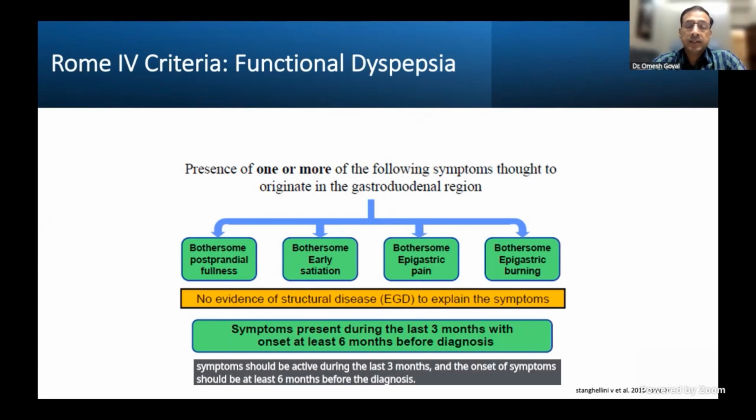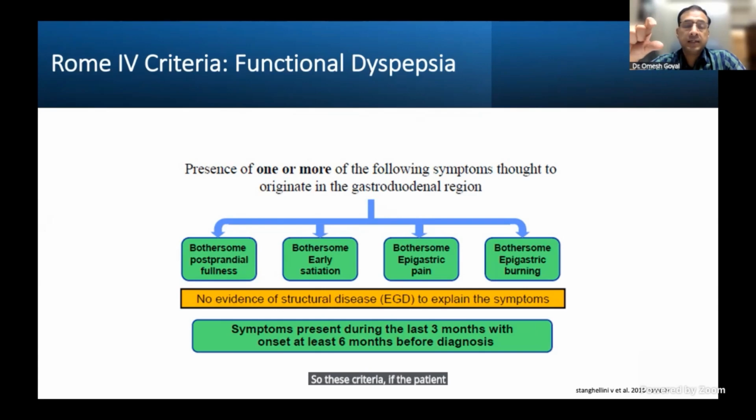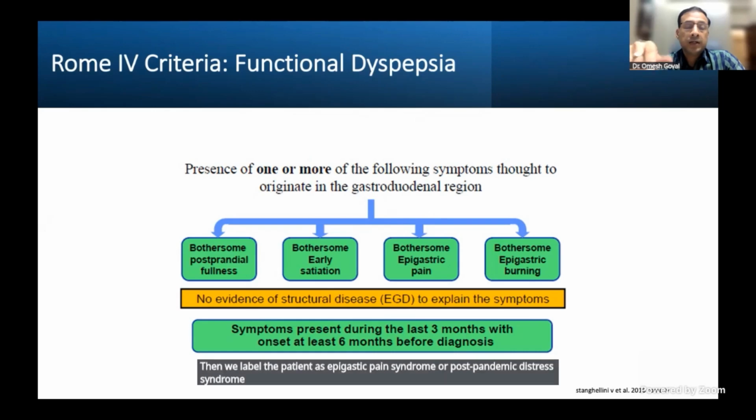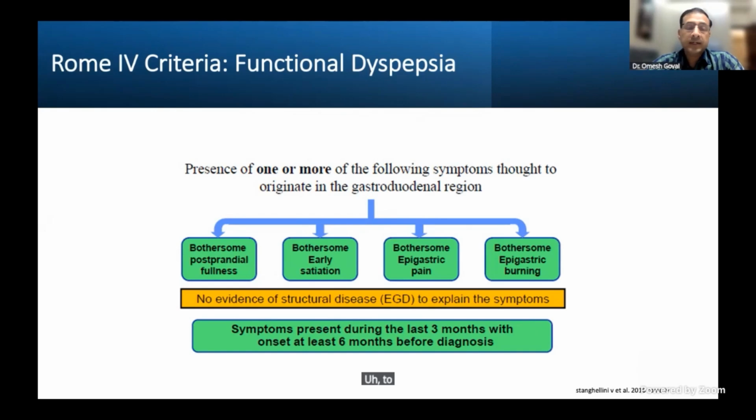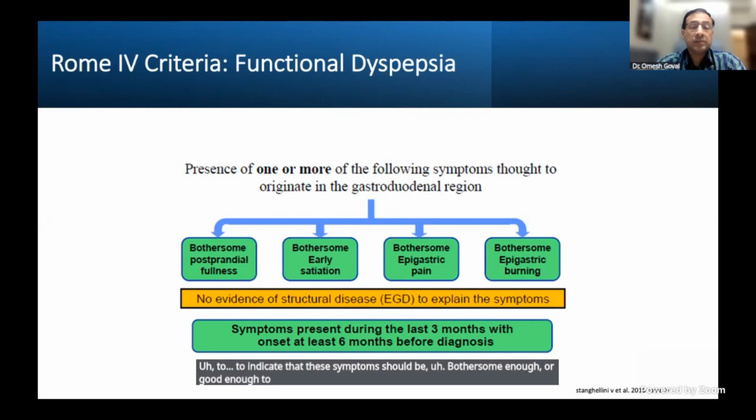So if the patient fulfills these criteria, and there is no structural evidence in the upper GI endoscopy to explain the symptoms, as we discussed earlier on, then we label the patient as epigastric pain syndrome or postprandial distress syndrome. And to note this, the term bothersome was added in Rome 4 to indicate that these symptoms should be bothersome enough to disturb the patient's daily life.